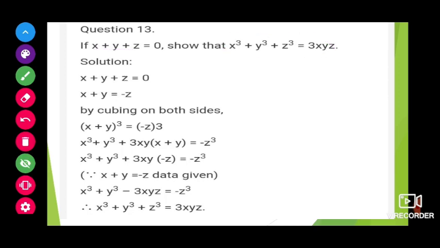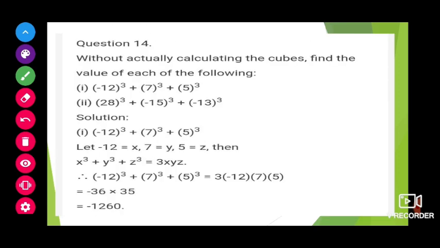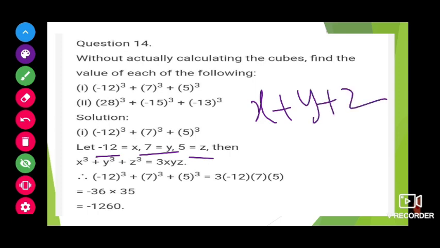Here, the first one: minus 12 cube, 7 cube, 5 cube. Let x equal minus 12, y equal to 7, z equal to 5. If I add these, x plus y plus z, minus 12 plus 7 plus 5, we will get 0.